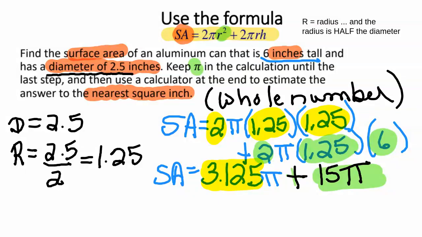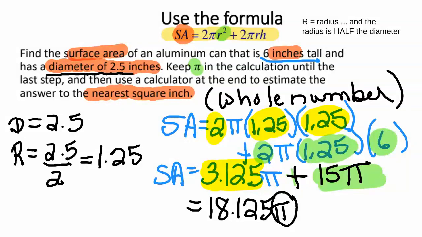Well, add 15 plus 3.125, combine like terms. This is going to give me 18.125 pi. Now, you gotta then take and use your pi key on your calculator.